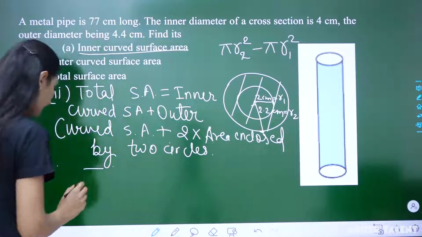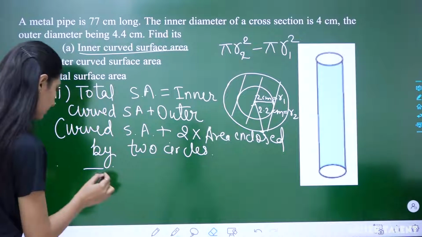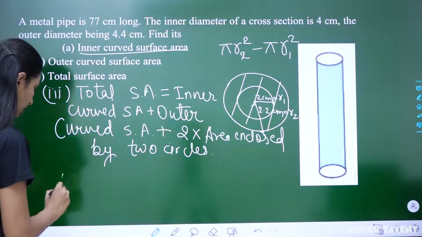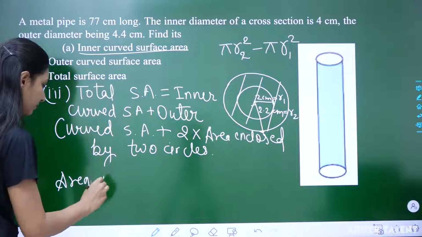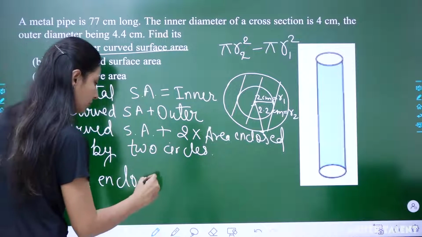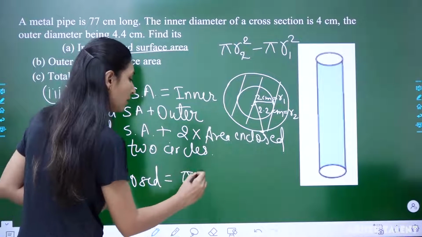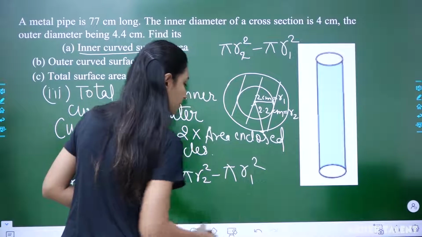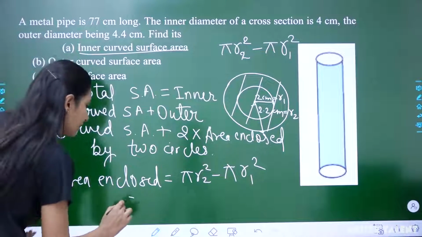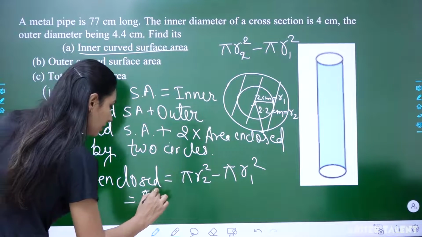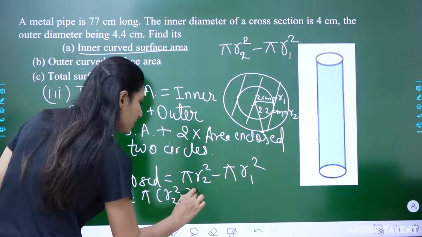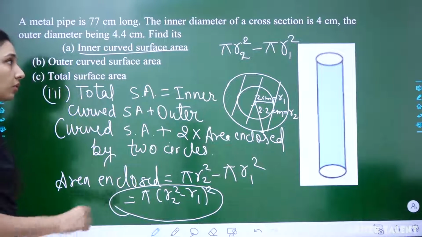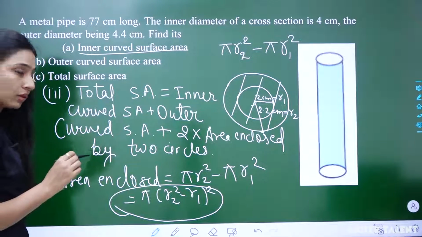So we are calculating it like this: area enclosed is equal to pi R2 square minus pi R1 square. That is going to be pi times R2 square minus R1 square. Now, this formula is clear to you guys. So we are going to use this formula.